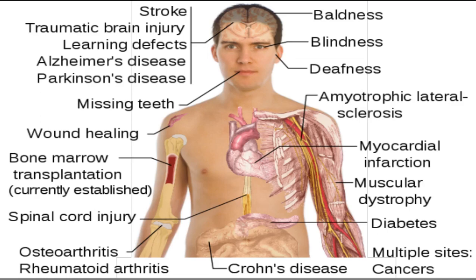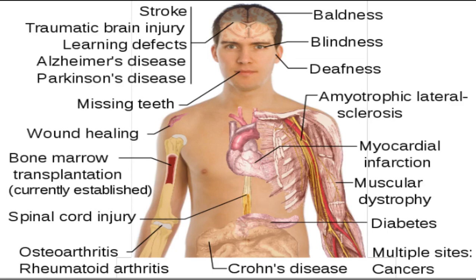Perhaps we could differentiate stem cells, and this has already been done, to become heart cells. And then maybe we could implant them into the damaged heart and they would repair it. In theory, we could use this technique to treat pretty much anything from baldness to blindness to deafness, missing teeth, Crohn's disease, diabetes. This is an interesting one with diabetes, actually.